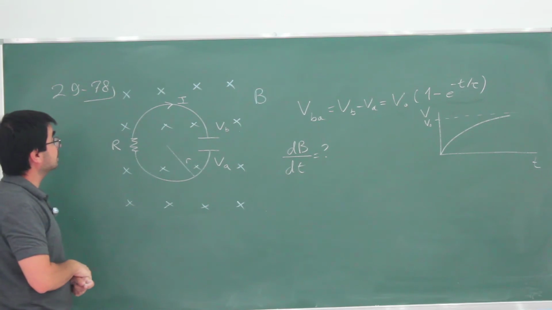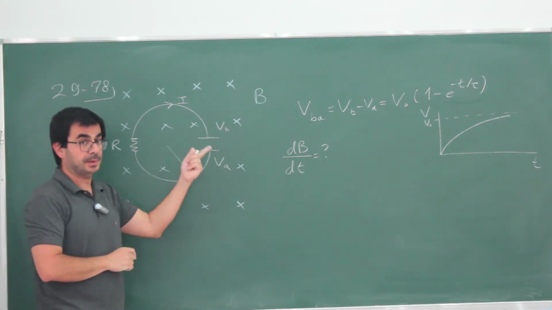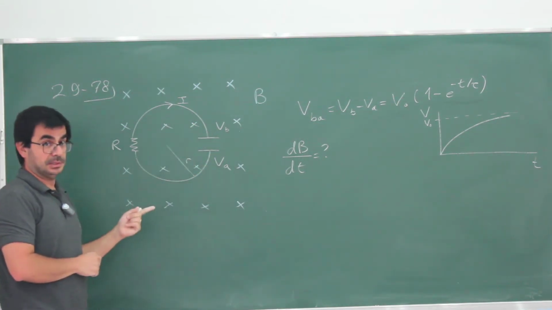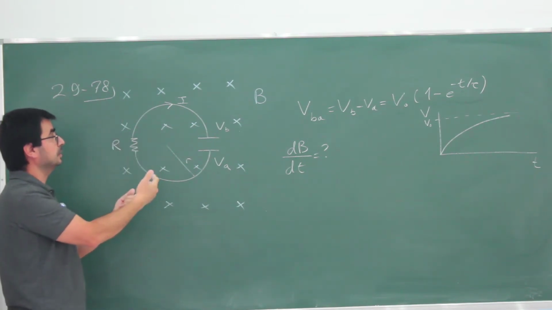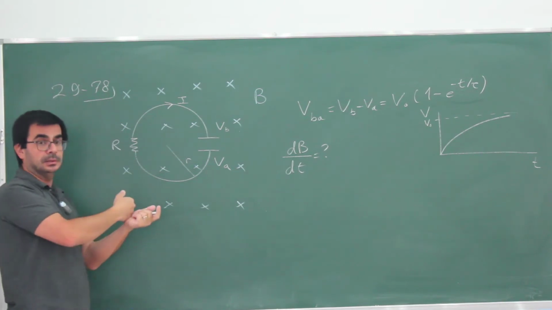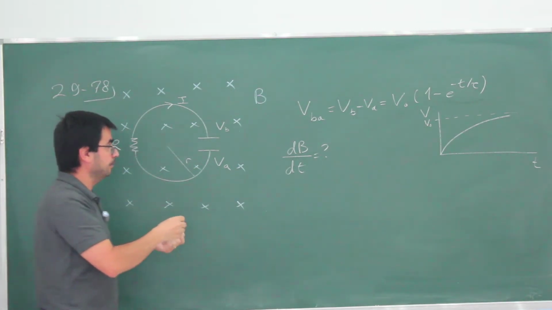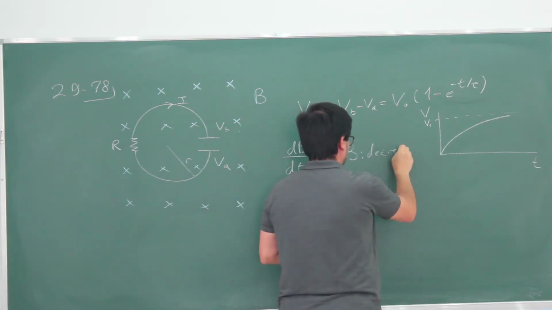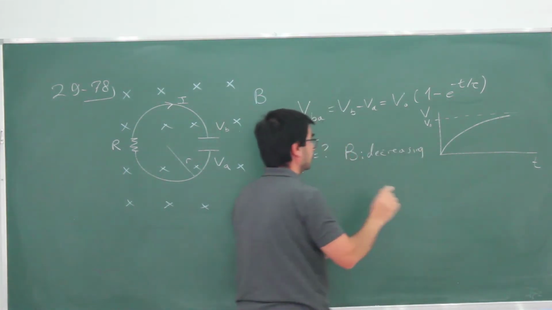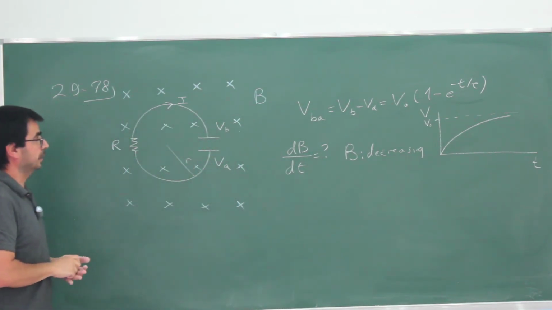Since this must be compensating for the change in the magnetic field, our B must be decreasing. Our B is initially also into the plane of the blackboard. Since the induced current is also into the plane of the blackboard, that magnetic field must be decreasing. So B is decreasing. We can just argue this from Lenz's law without doing anything else.